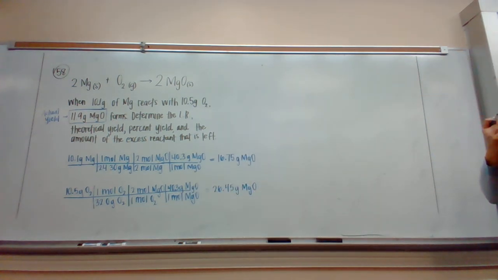And then when I converted grams of oxygen to grams of magnesium oxide, I got 26.45 grams.